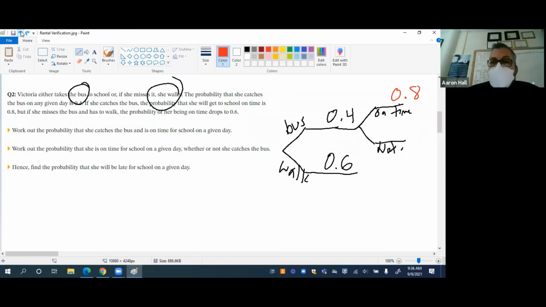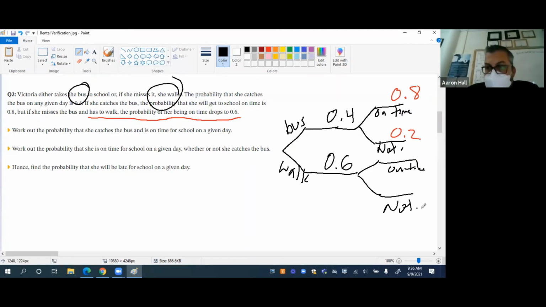Yeah, that she's not going to be on time would be 0.2. All right, now it says if she misses the bus and has to walk, the probability of being on time drops to 0.6. So we have on time and not on time. This is 0.6. What does this have to be then?